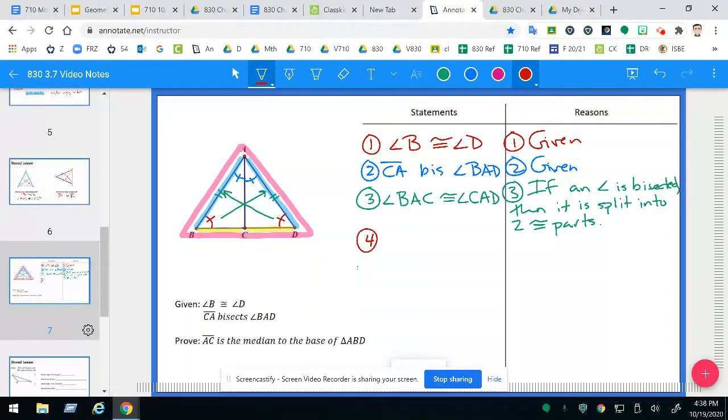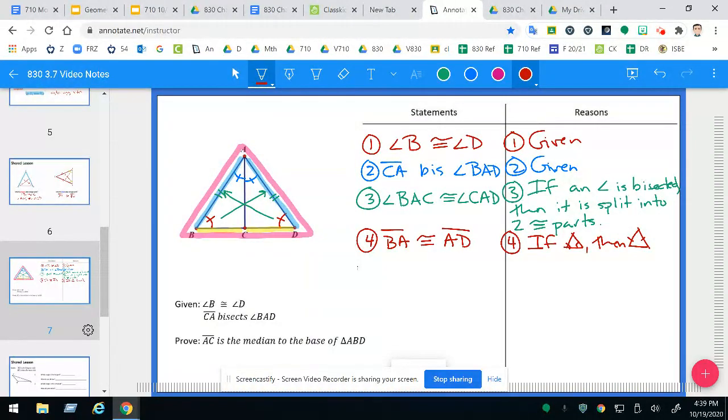So we can now say that segment BA is congruent to segment AD, because if two angles of a triangle are congruent, then the opposite sides are congruent. And we can use those symbols there. We don't have to write out that whole proof, every word in the proof. We can use the symbols to shorten it up for us, okay?